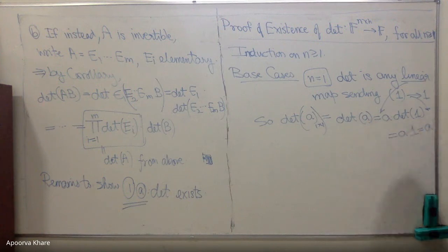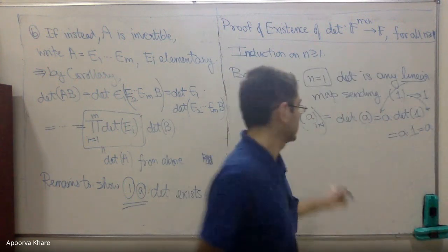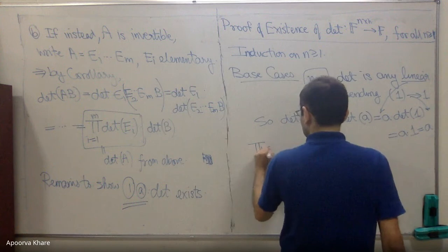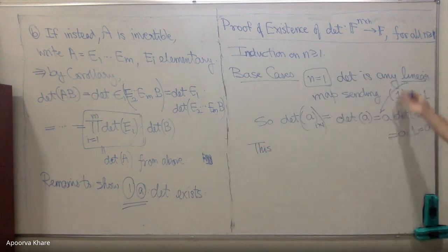So this is a valid determinant function. It is clearly linear and it's clearly sending 1 to 1, and there is nothing about alternating.